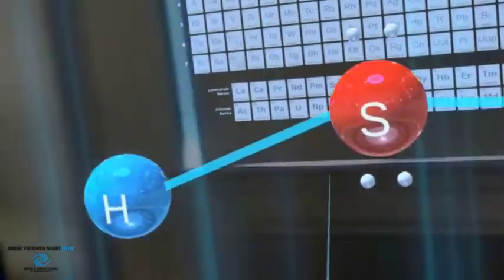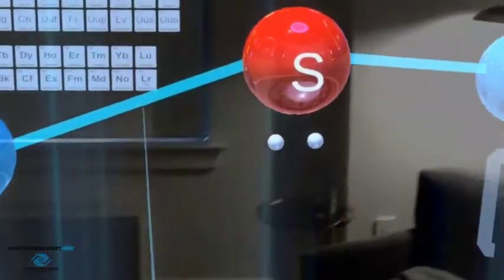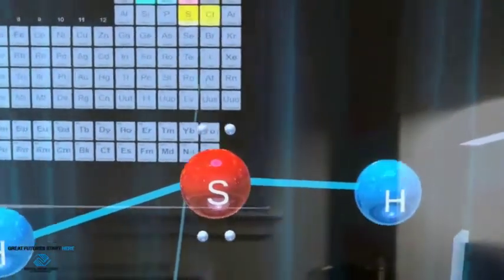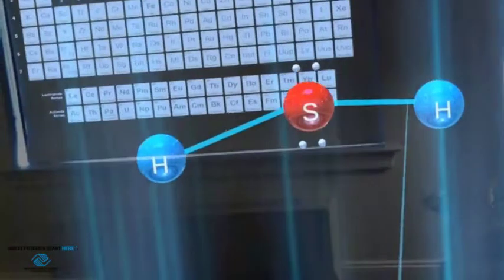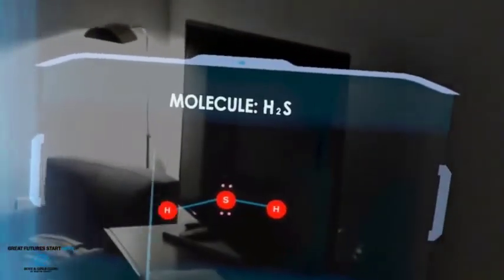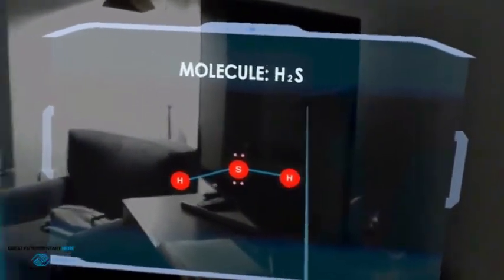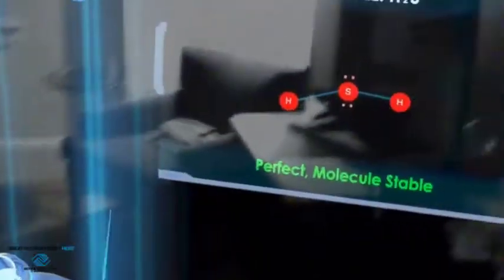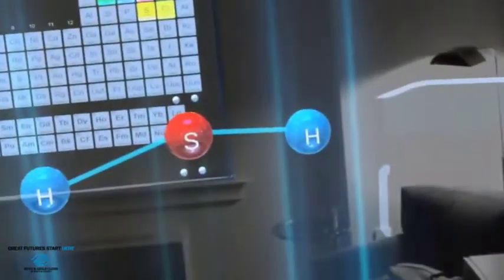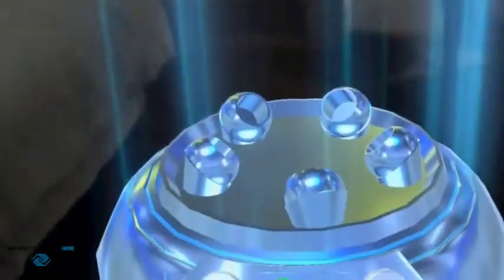We can get nice and close to it. We can look at it from different angles, just like this exists at a much more microscopic scale in our physical environment. Now, before we finish, let's take a look on our big board over here at the structure. And let's do a quick check. Sure enough, a perfect, stable molecule. Let's move on to our next one.